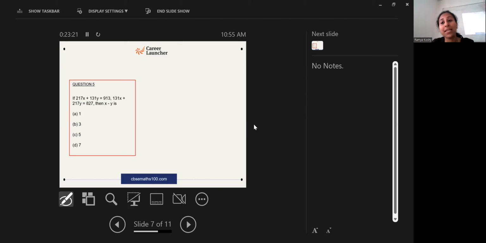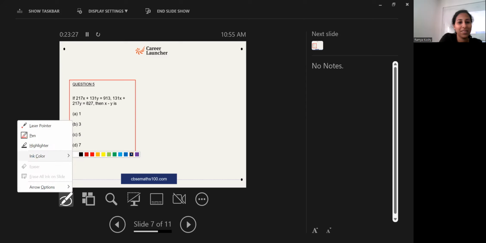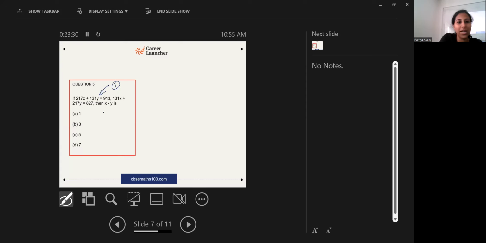To do this as fast as possible, what is the step you should follow? This is equation 1. This is equation 2.